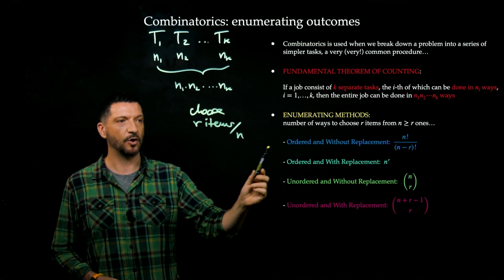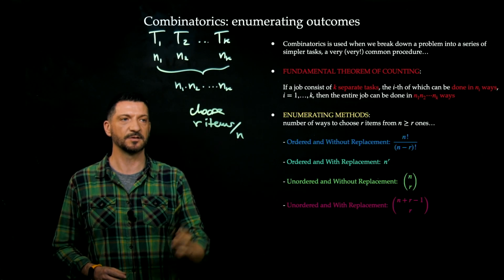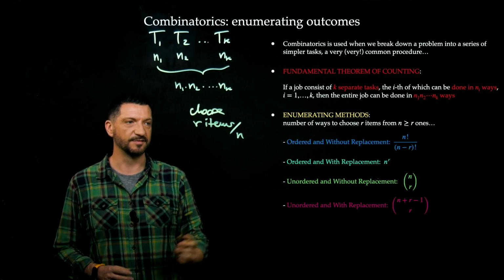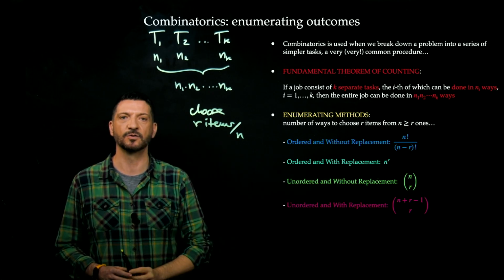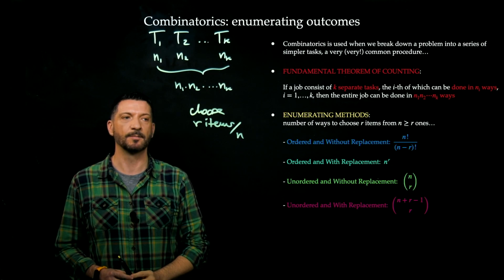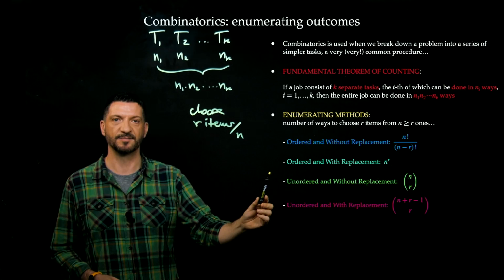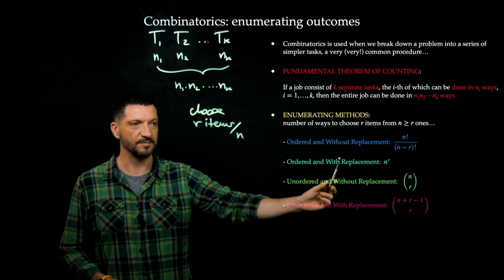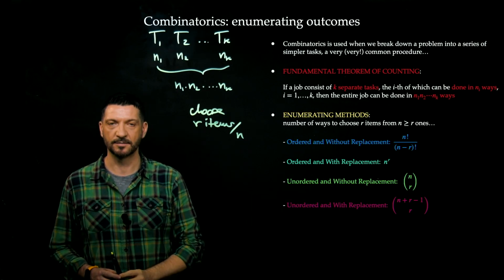If we consider ordering but not replacement, then this number is given by the fraction between n factorial and n minus r factorial. If we consider both ordering and replacement, then this number is given by n to the power r.